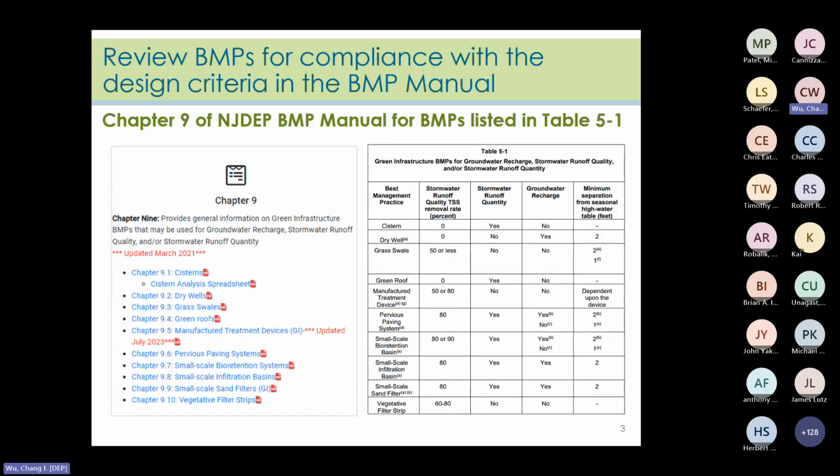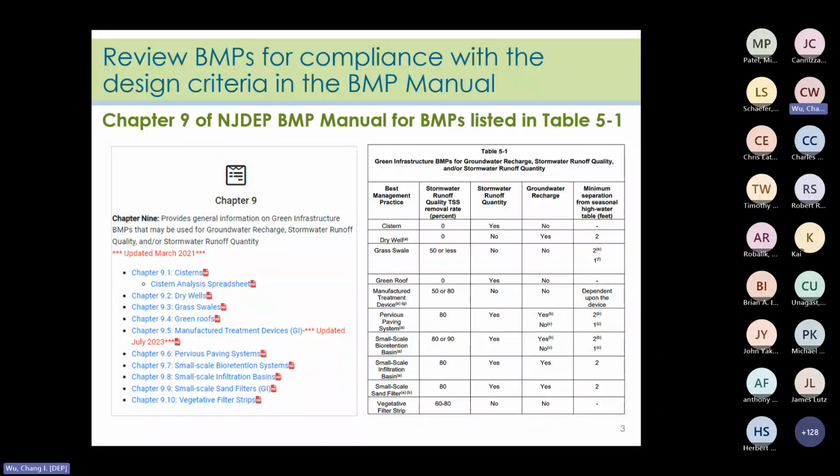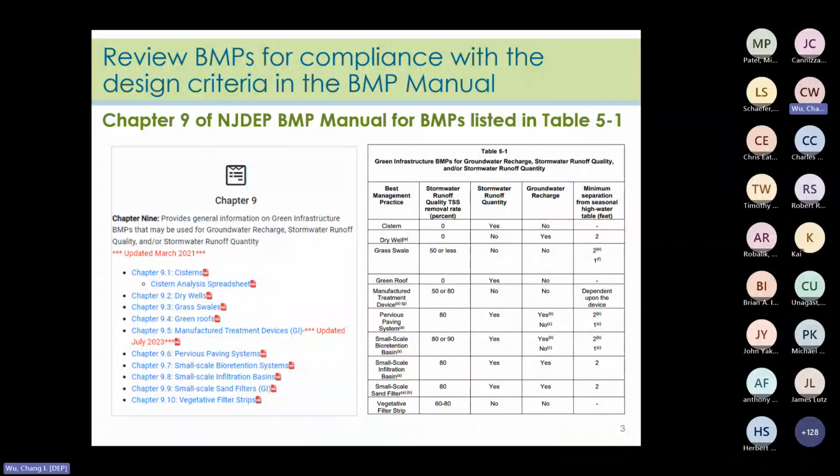So in Module 1, you learned that the BMP chapters are arranged in accordance with the order of BMPs listed in Tables 5-1, 5-2, and 5-3. Here are the BMP chapters and the corresponding tables in the stormwater management rules.